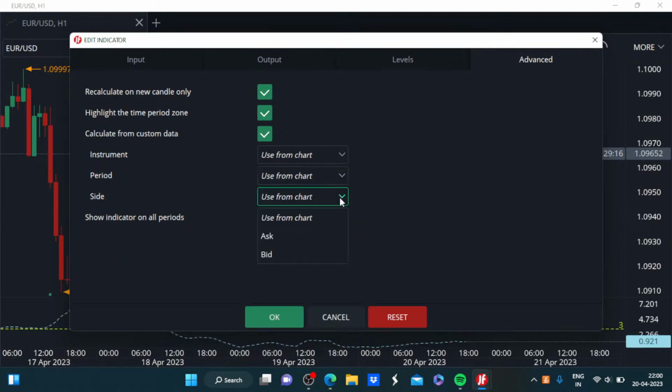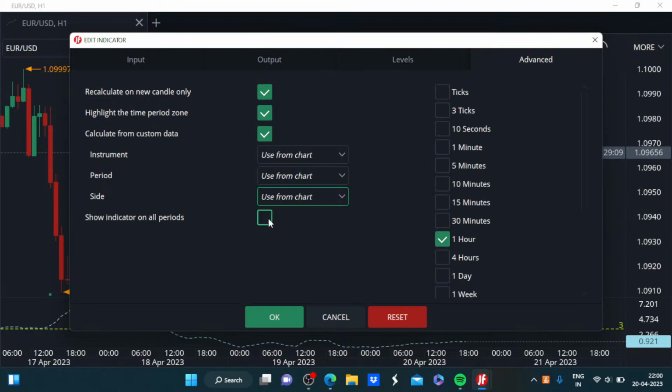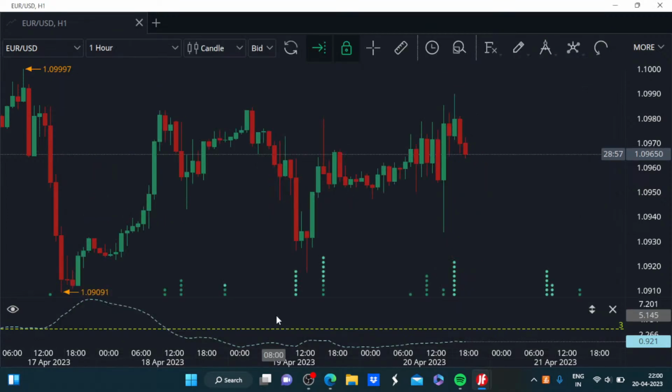Side can be spread, ask, or bid. Two options are there to indicate on all the breaks. If you want this indicator to be available on all the candle breaks whenever you change, you can opt in for it, or else you can specify on which particular candle breaks the indicator should be available, and only on that particular candle break the indicator will be added to the chart. So that option is also there.